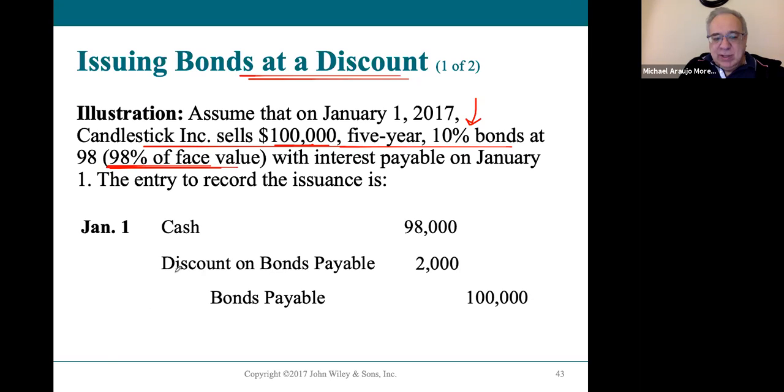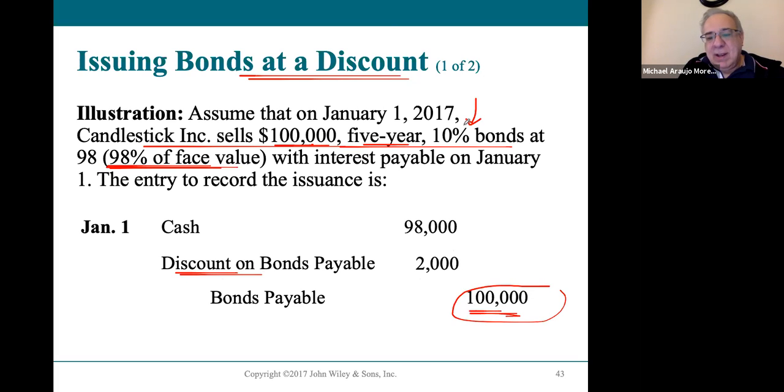What happens to discounts is they're still going to pay back 100,000. They only got 98,000. They're still going to pay back 100,000 in 5 years. So the fact that they had a discount simply means that the cost of the bonds is higher. Because otherwise they would have liked to have paid 10% on 100,000.